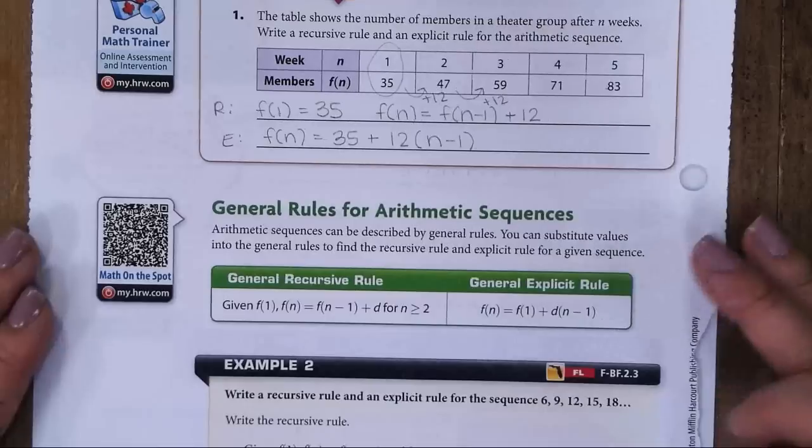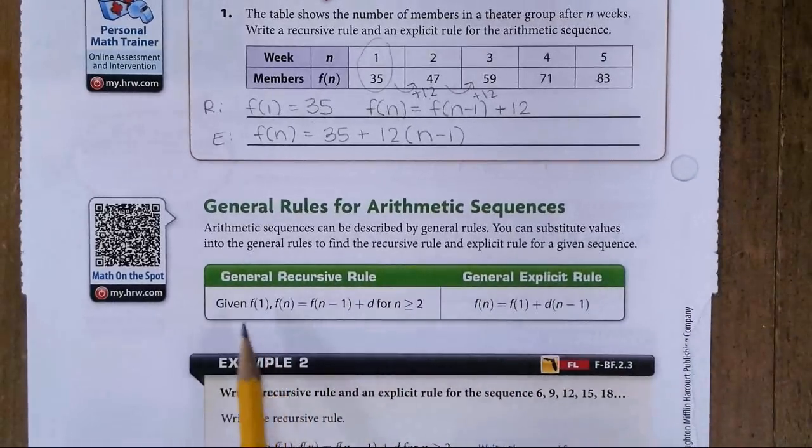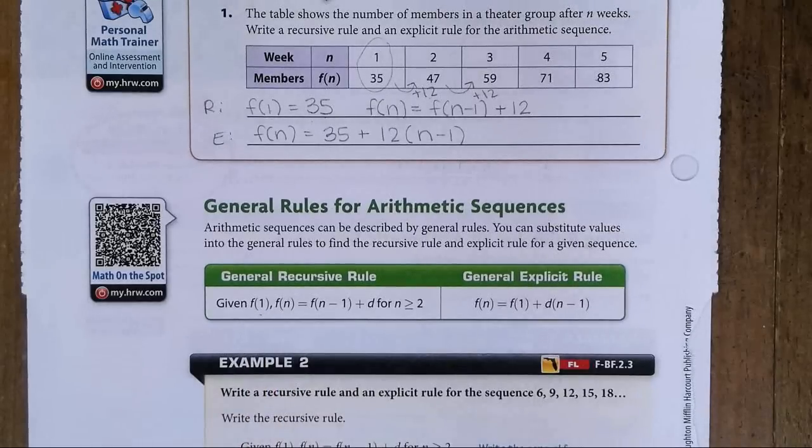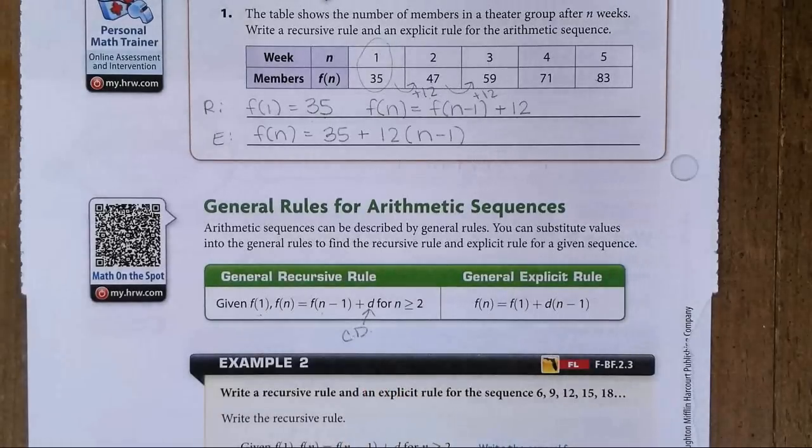Right here, your textbook gives you general rules to use. Remember, you need to give your f of 1 first, and then you'll need to do f of n minus 1. So this part is never going to change. And then here, this plus d, remember, is your common difference. I'm going to call it CD, common difference.